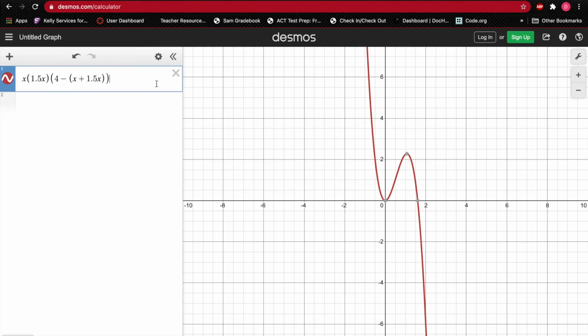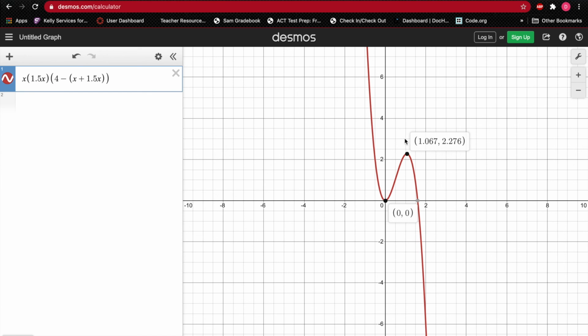Once we typed in the original equation, you can see that we have our graph. The graph is going to be at the point 0, 0, as well as right here we have 1.067 and 2.276. The y value, remember, is going to be our volume. That is our v value. So we know that our y value is going to be 2.276, which means that our volume is going to be 2.276.